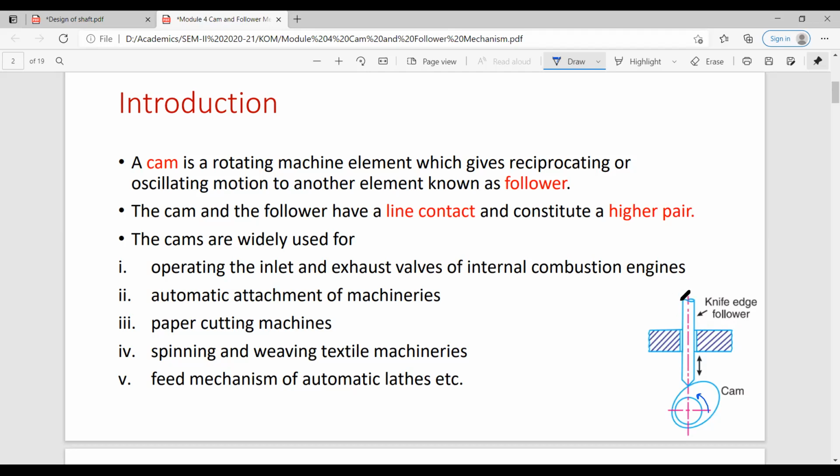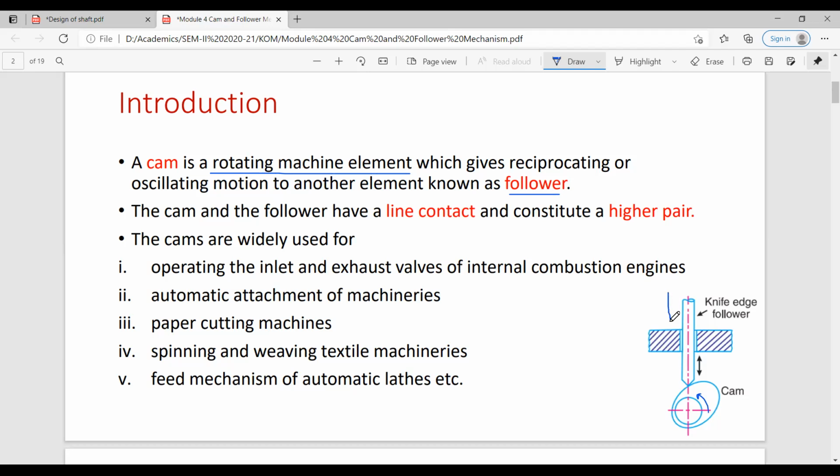So one can easily say that with this cam and follower mechanism, we are converting rotary motion into reciprocating motion. Now we can define a cam as a rotating machine element which gives reciprocating or oscillating motion to another element known as the follower. Reciprocating motion means the motion is taking place in a linear path.